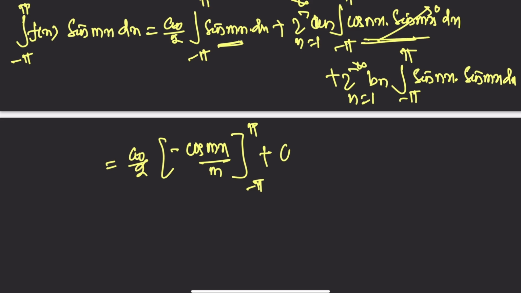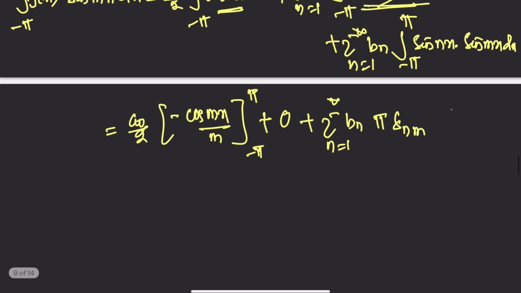And the third term, according to the orthogonal properties, becomes pi into Kronecker delta nm. So a_0 by 2, take minus common and put the upper limit and lower limit.